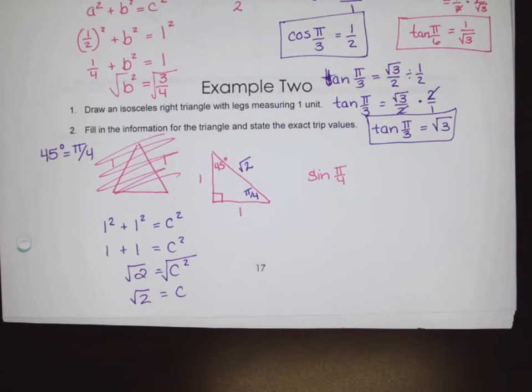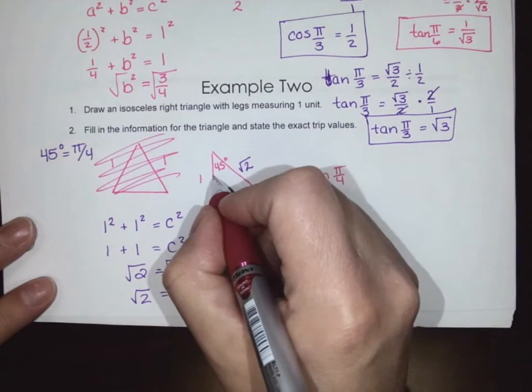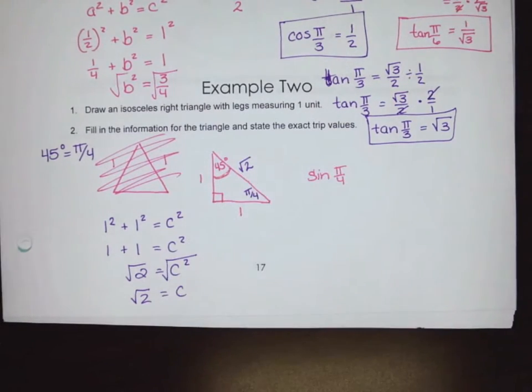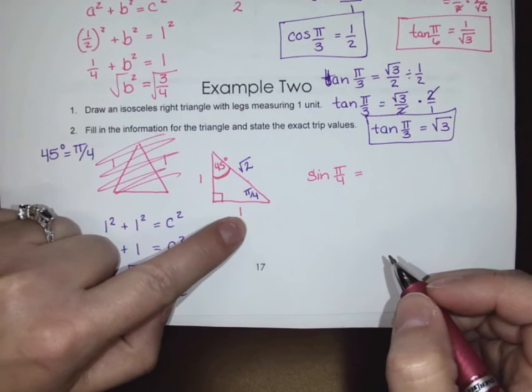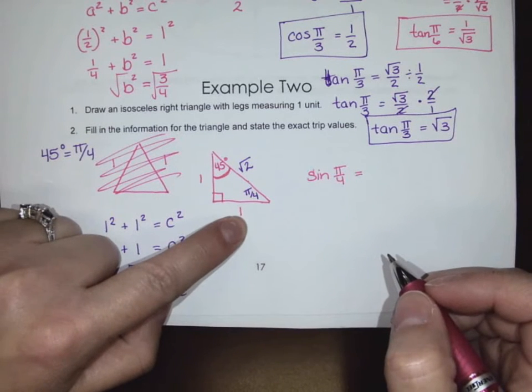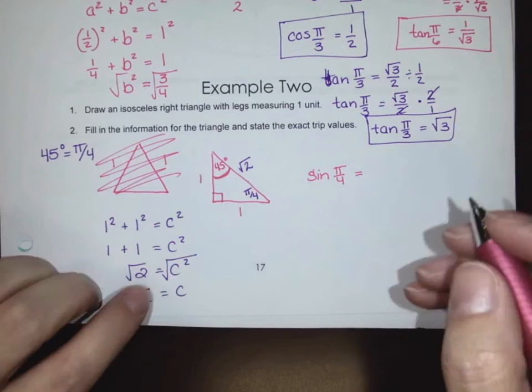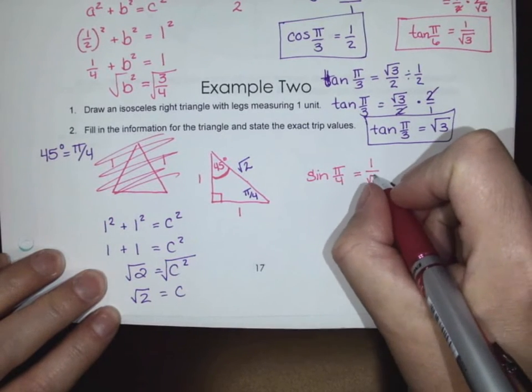So sine of pi over 4 is opposite over hypotenuse. So 1 over root 2.